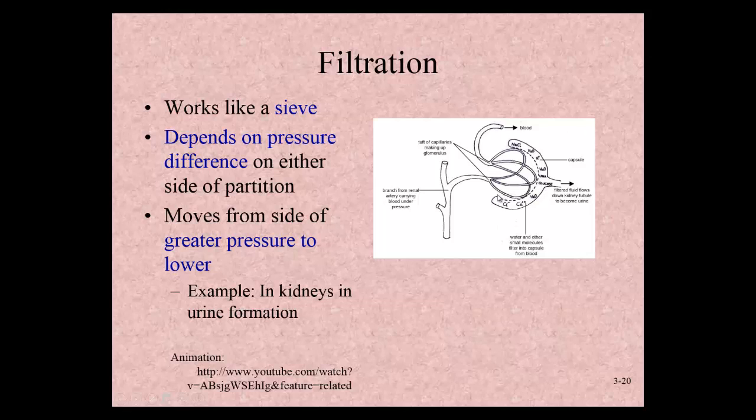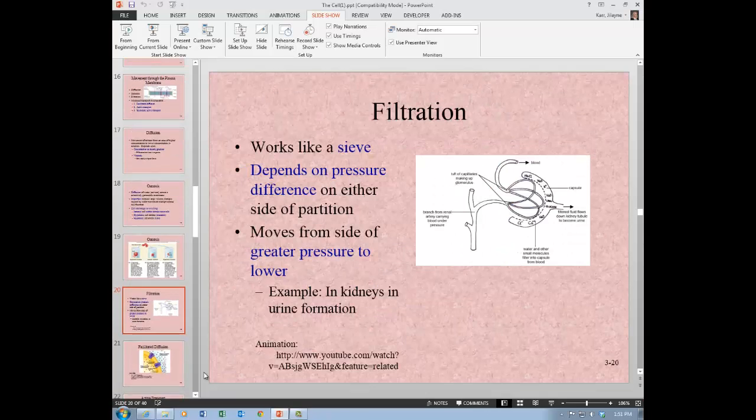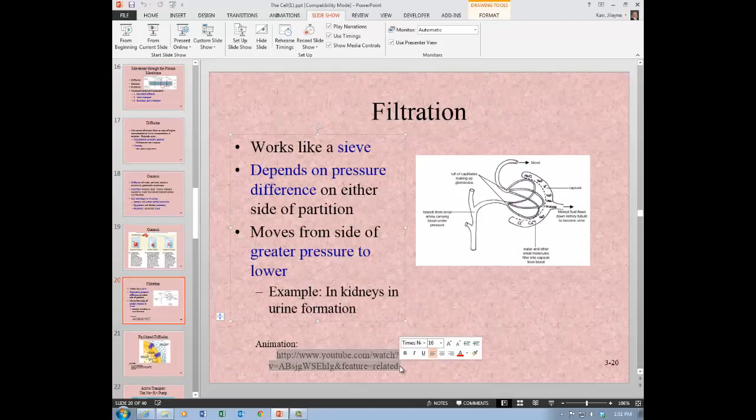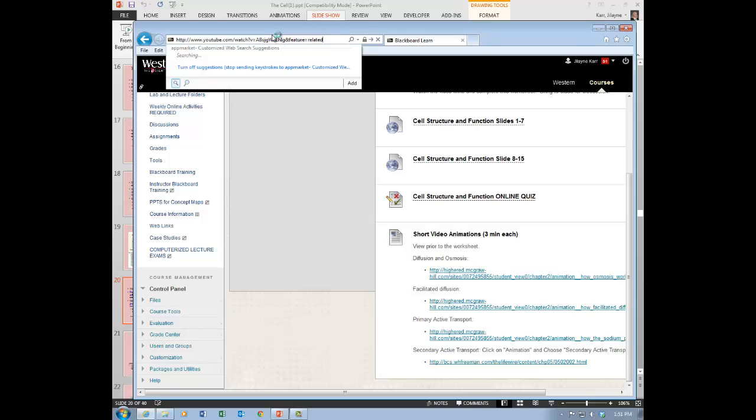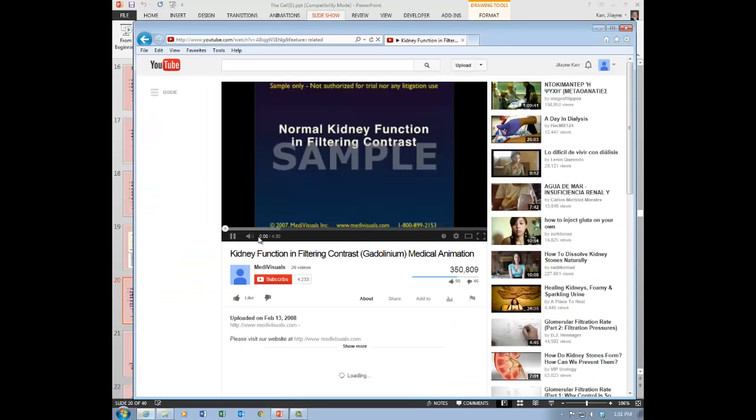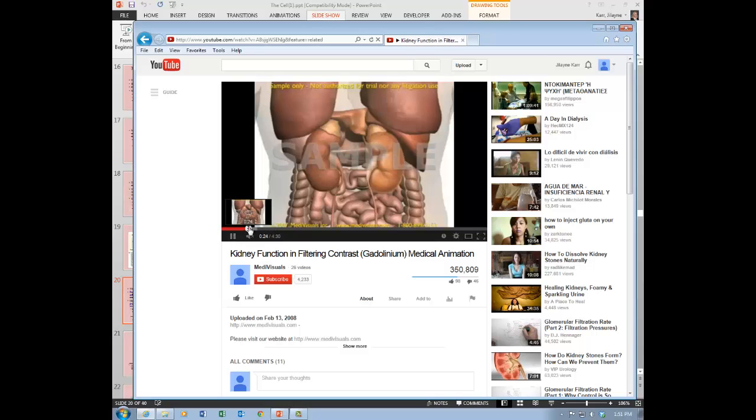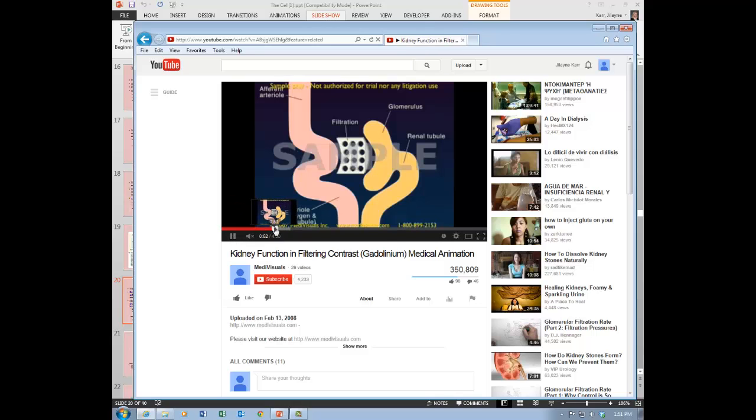And there's an animation we can watch here that demonstrates what filtration looks like. Quick show that here. So here we can see the components of plasma.